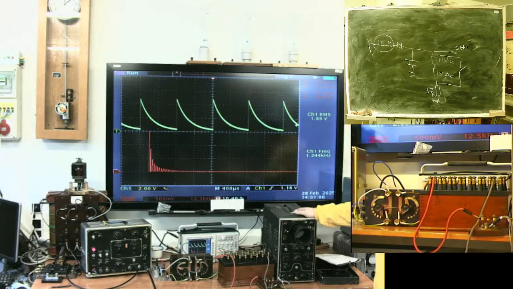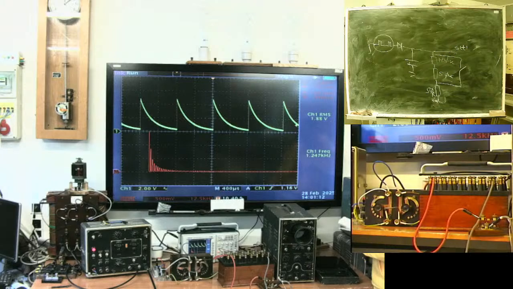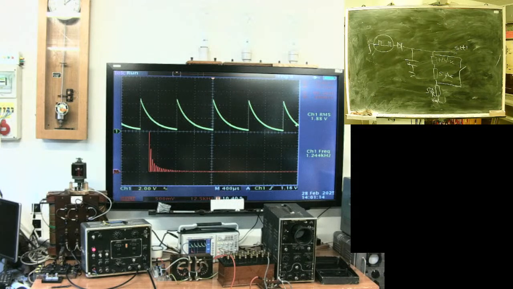Tiny pulses. Okay, questions? Maybe online some questions.